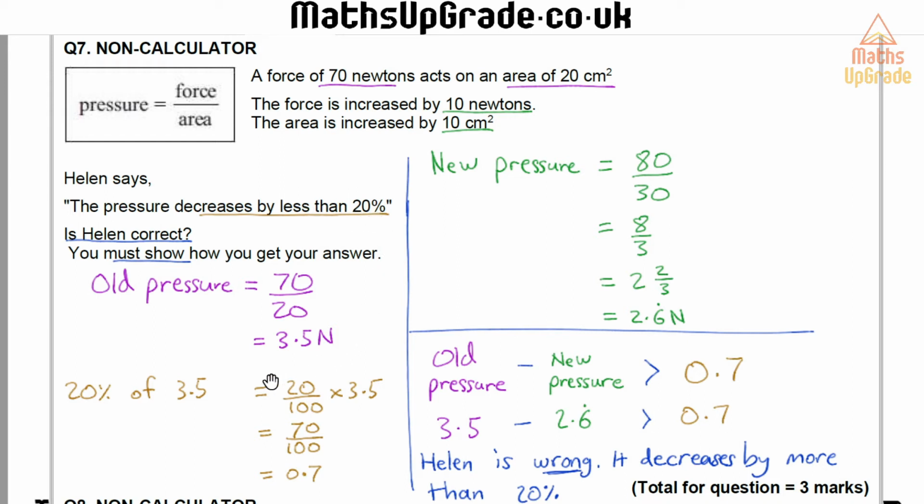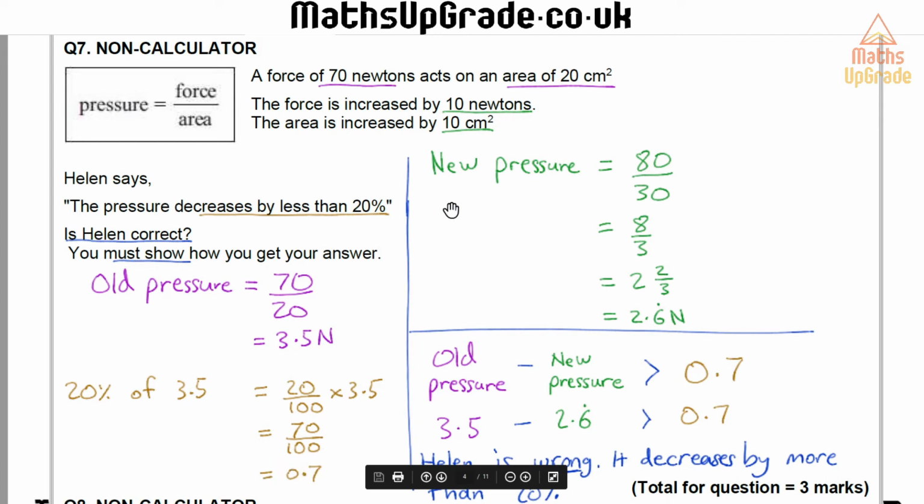So let's find 20% of 3.5. 20% of 3.5 is given by 20 hundredths times 3.5. Since it's a non-calculator, I'm going to do 20 times 3.5. 20 times 3.5 is the same as 20 times 35 divided by 10. So that's 70. So 70 divided by 100 is 0.7. So that's 20% of 3.5.